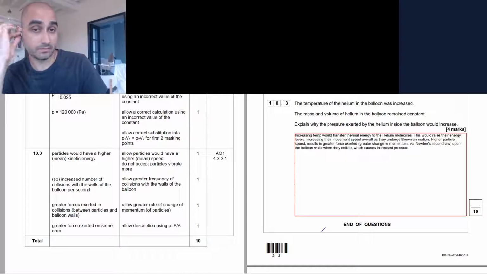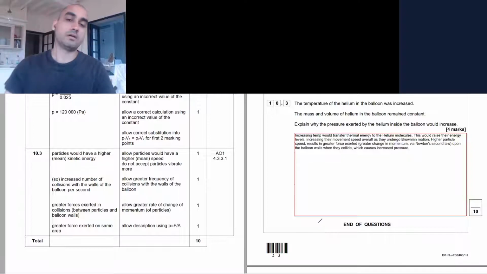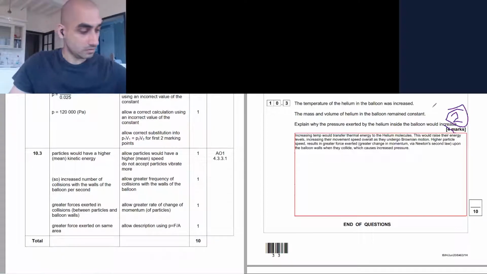Apparently you had to mention it. So I lost 2 marks there because there were 2 things they didn't ask for that I was supposed to mention. Wow, I lost 20 marks altogether.